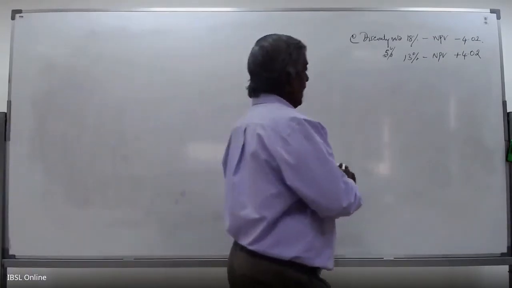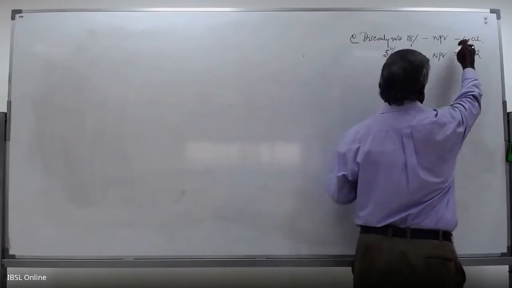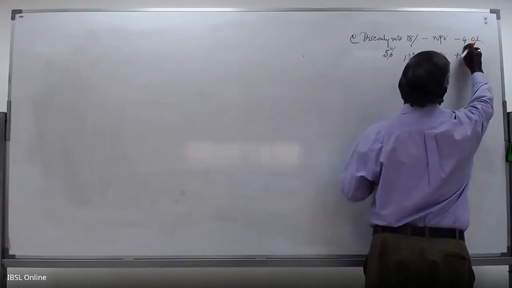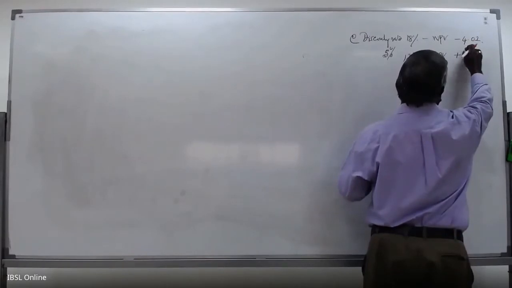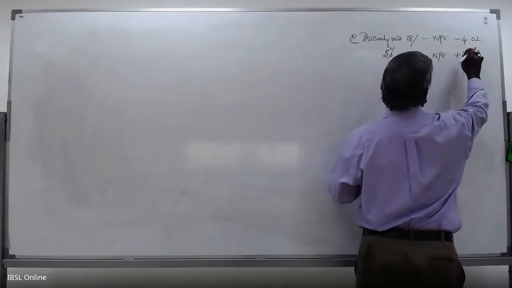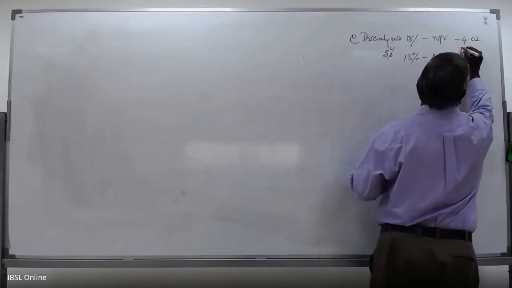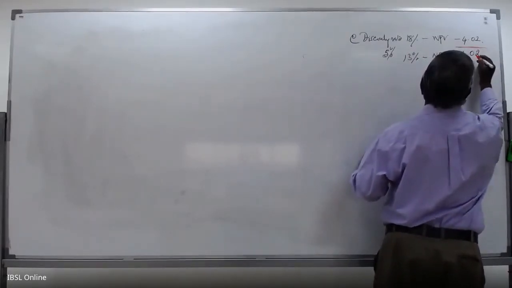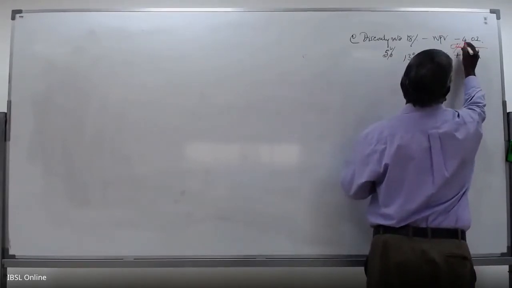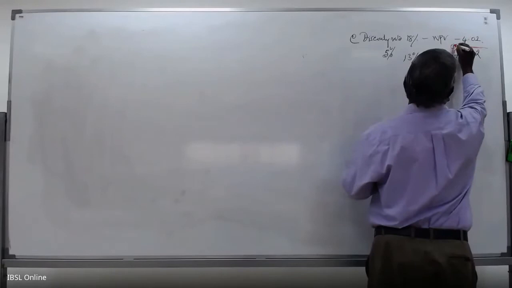This negative value is changing into a positive value. It would have come to maybe 3, 2, 1, 0, and then 1, 2, 3, 4. So there is a point where the NPV may be 0.